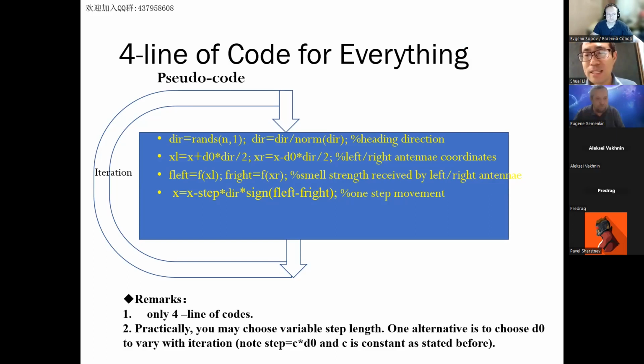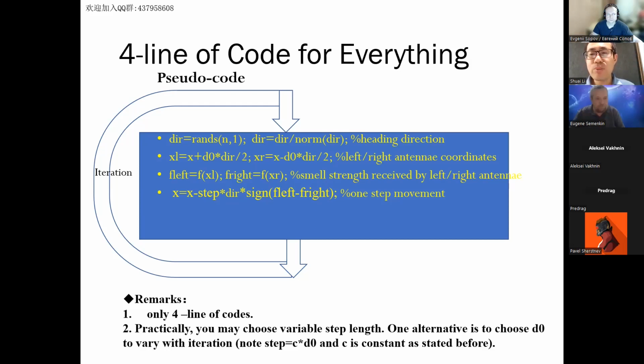But you may have the second question. If you walk so big, your local gradient estimation does not make sense any longer. But here, when the step length is big, the antenna length is also big, meaning that the left antenna and the right antenna will be far away when we have a big step length.